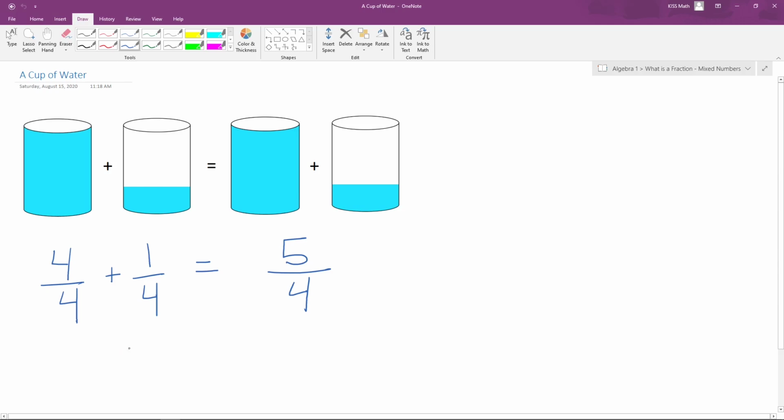So I can write this whole thing as 1 whole cup plus 1/4 and call that 1 1/4 cup. And this guy now is our mixed number. And all I had to do was take this whole number up front here and this fraction and just put them together like this. And you get your mixed number.